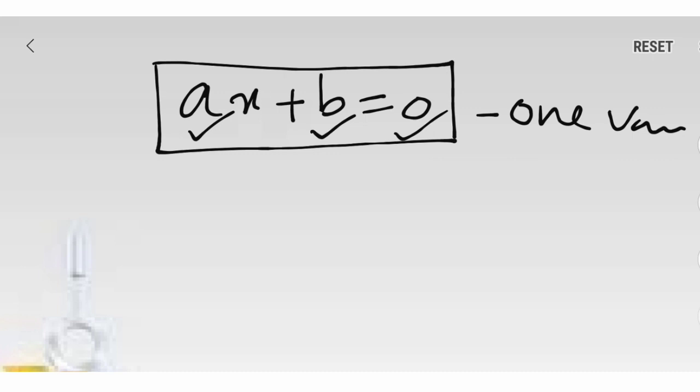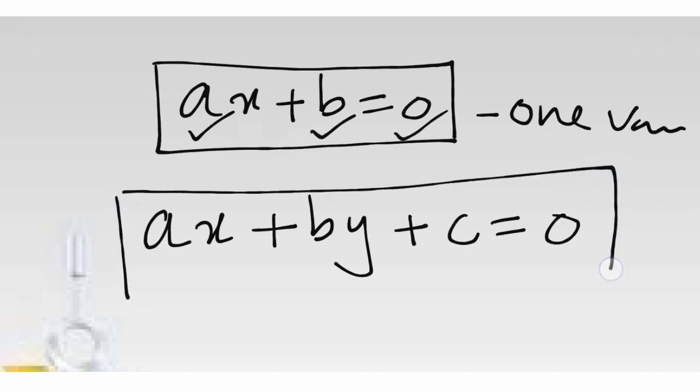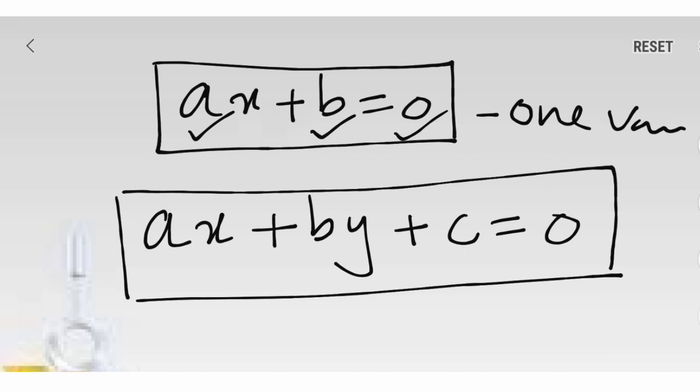Then what is the standard form of a linear equation in two variables? Two variables means x term will be there and y term will be there. So ax, x term, plus by, y term, then constant term. Okay, this is the standard form or general form of a linear equation in two variables x and y: ax plus by plus c equal to 0, where these a, b, c are constants, that is, real numbers.